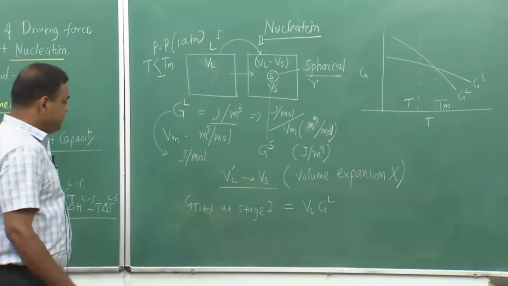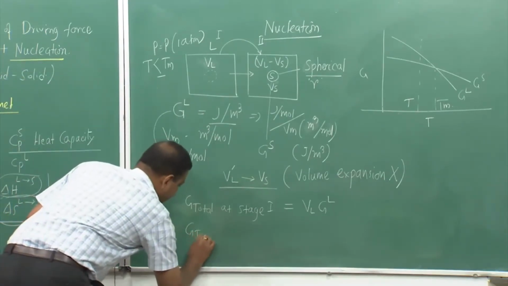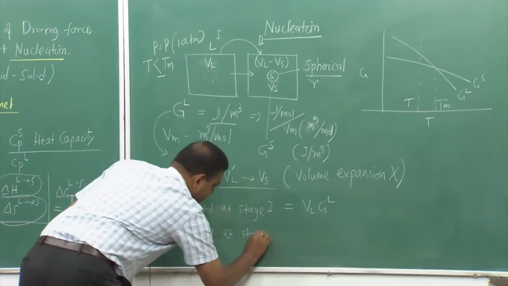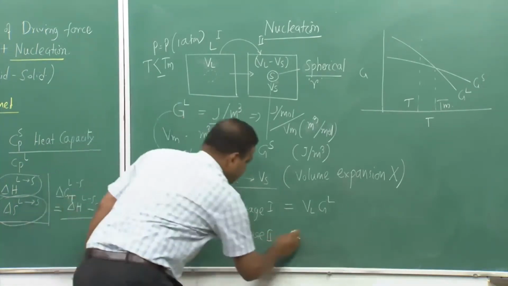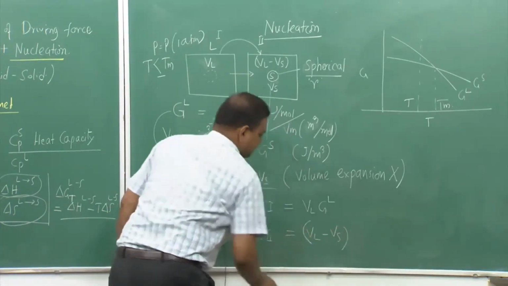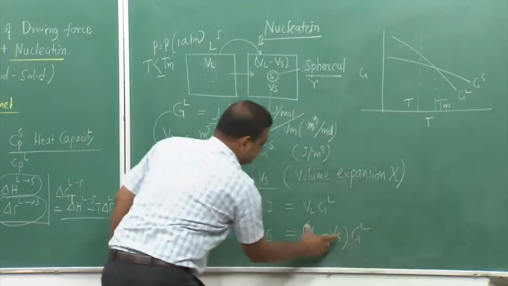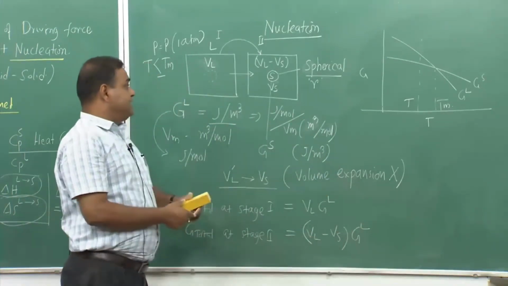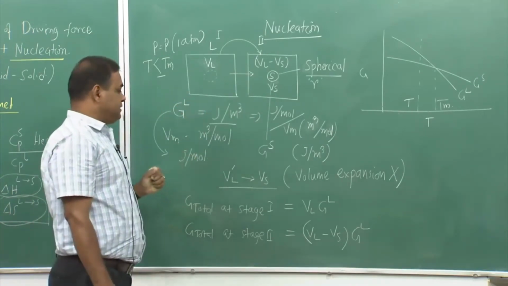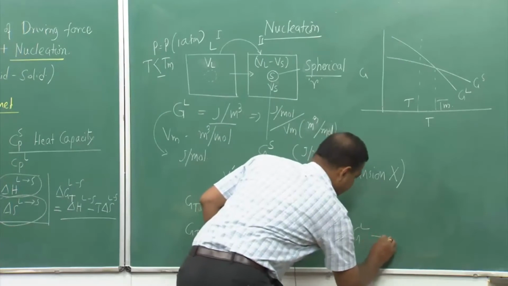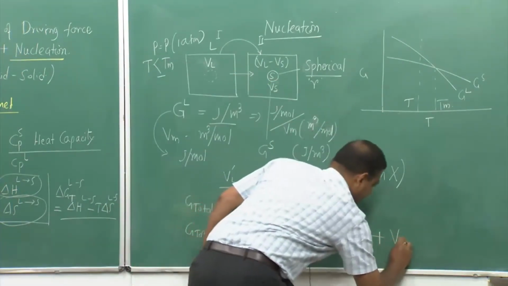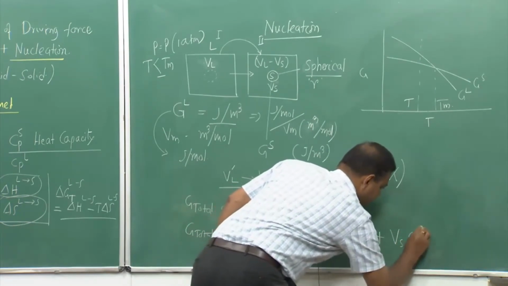Similarly, G total at stage 2 is equal to (VL minus VS) GL, because this is the volume of liquid that is remaining to convert to solid, plus VS into GS.